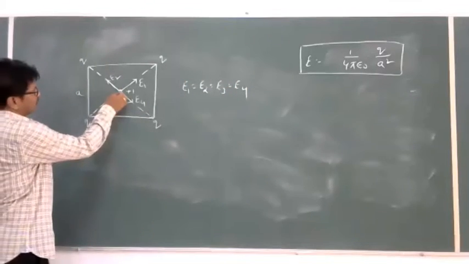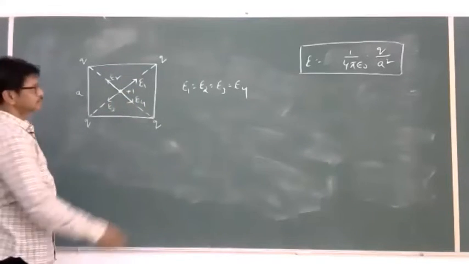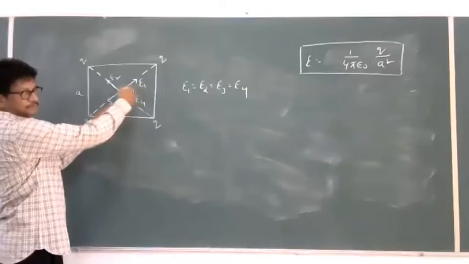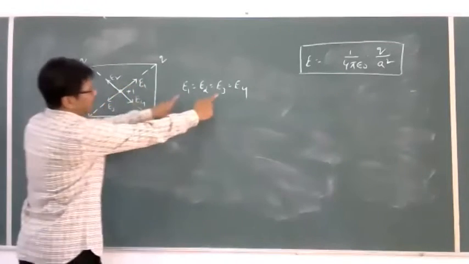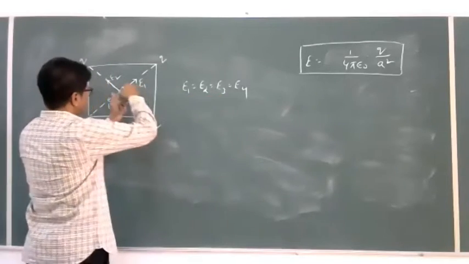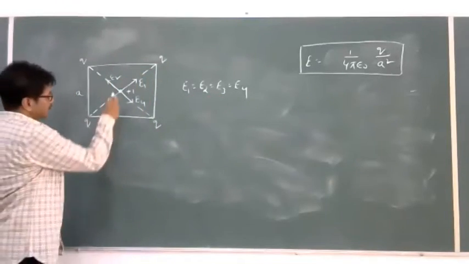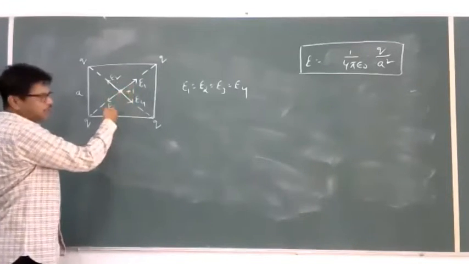Here I would like to find the resultant of all four. If I take E1 and E3, both have the same magnitude and opposite direction, so the resultant because of these two will be 0.